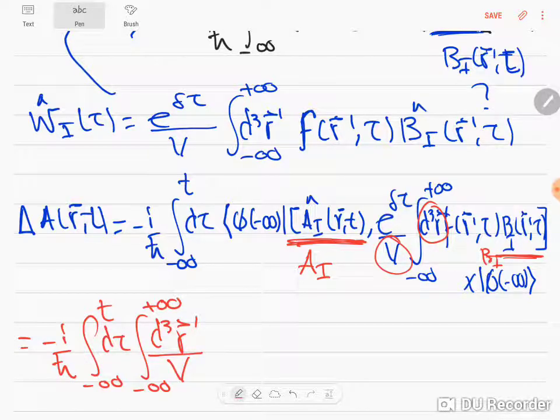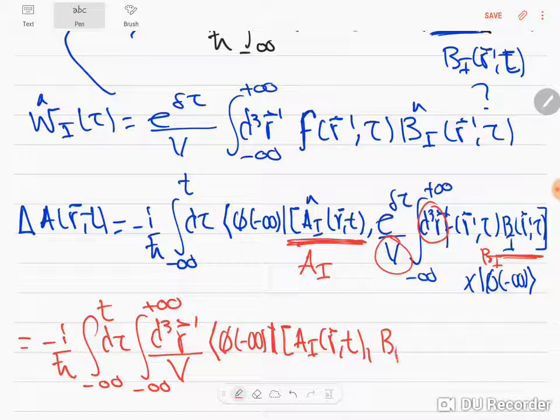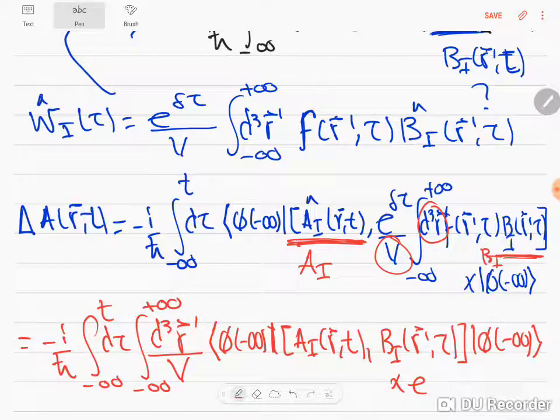Now what else do I need? I'm left with the expectation value based on phi of minus infinity, commutator of A sub I of r comma t with B sub I of r prime comma tau, close the commutator, times phi of minus infinity, times e to the delta tau times f of r prime tau, which is the sensitivity function of the perturbation.